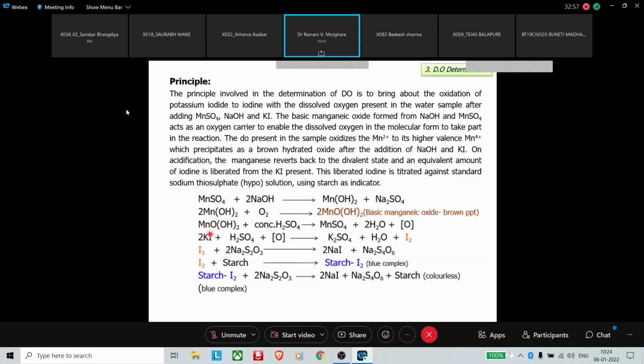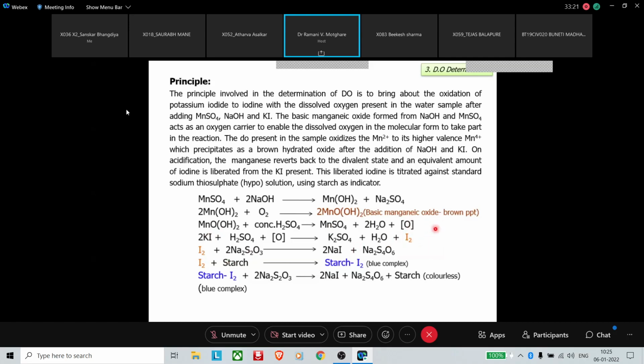And then when you are acidifying it with concentrated H2SO4, this will release the dissolved molecular oxygen as nascent oxygen. Now, nascent oxygen is highly reactive and it will immediately oxidize iodide. KI is there, K plus I minus. So this I minus is oxidized to I2. So this is how I2 is released.